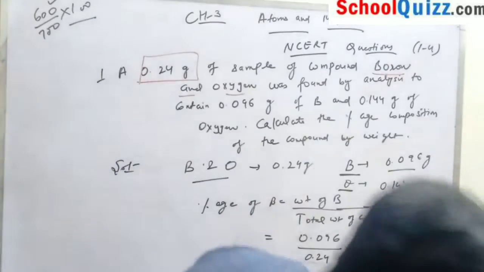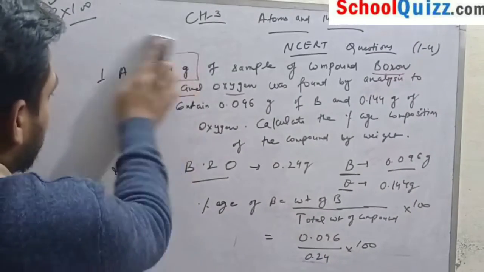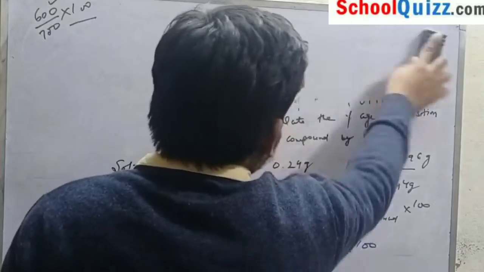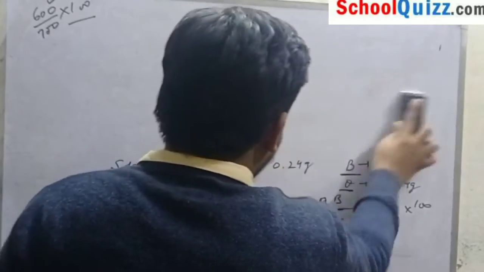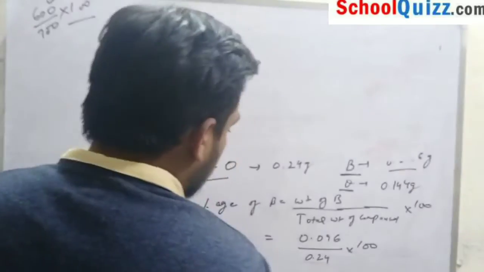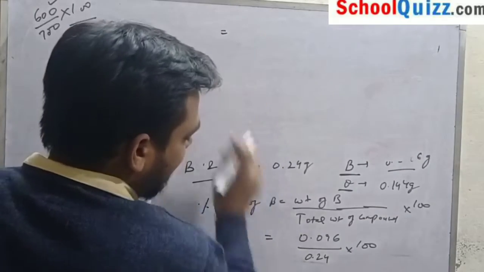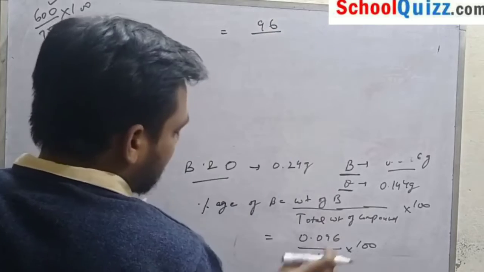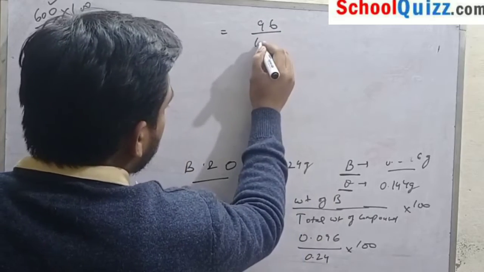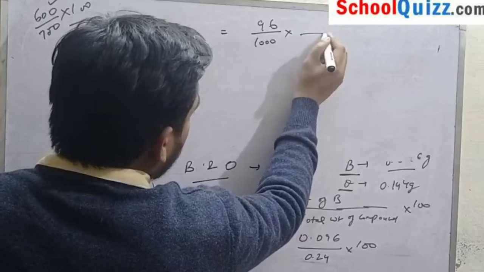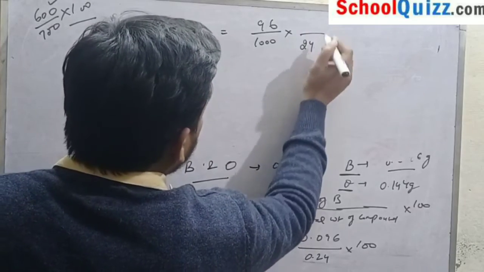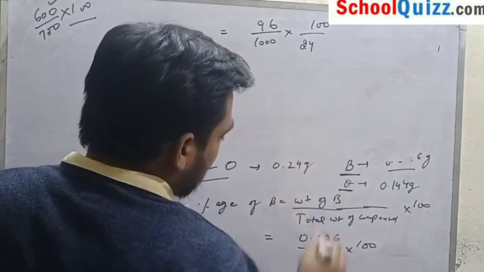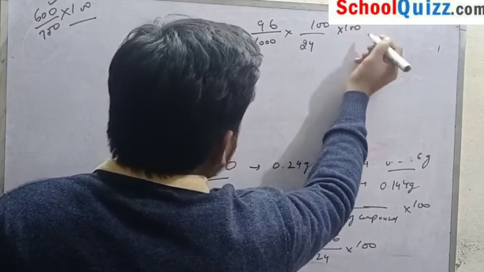So we will try to solve it. We will remove the decimal from 0.096, so it will be 96 upon 1000, multiplied by 100 upon 0.24, that is 24 upon 100, and multiplied by 100.